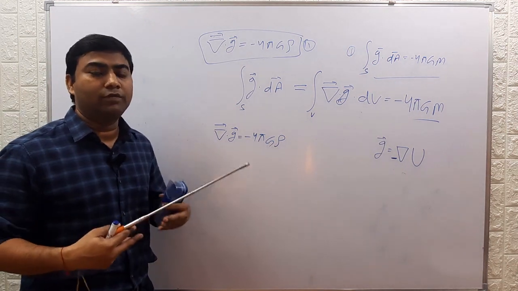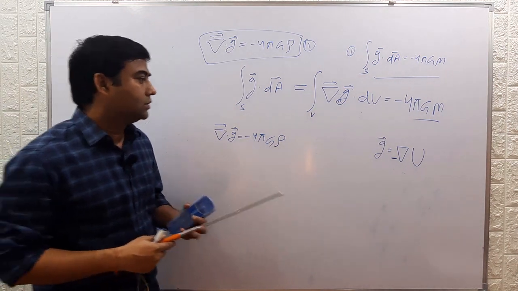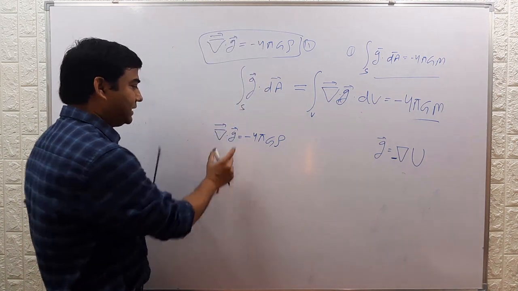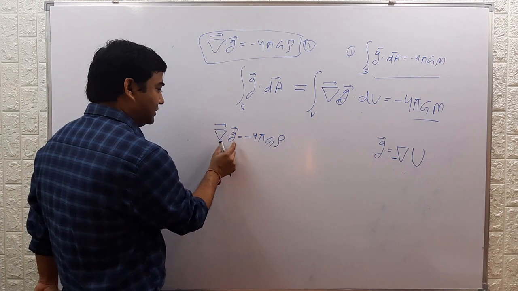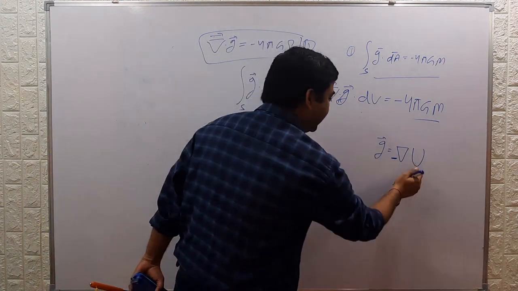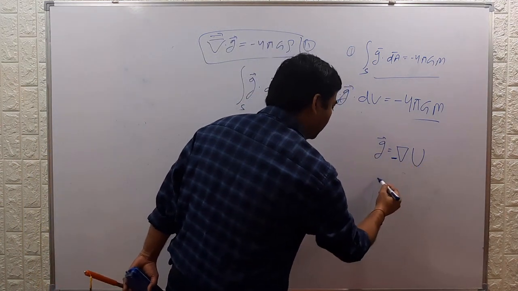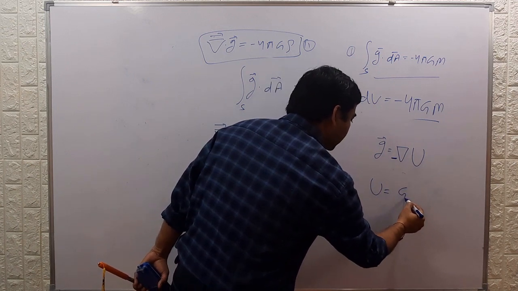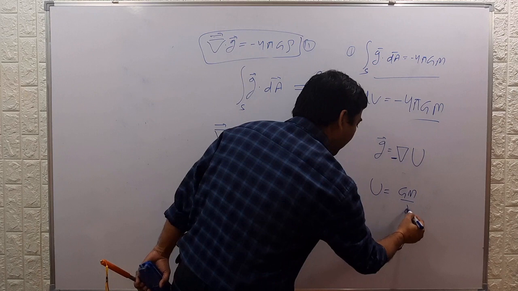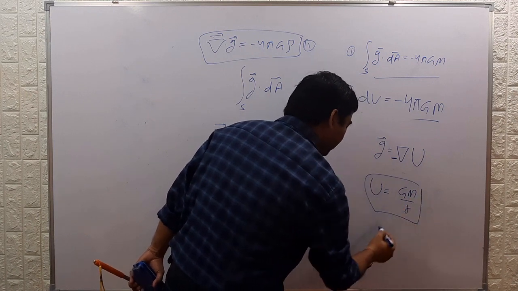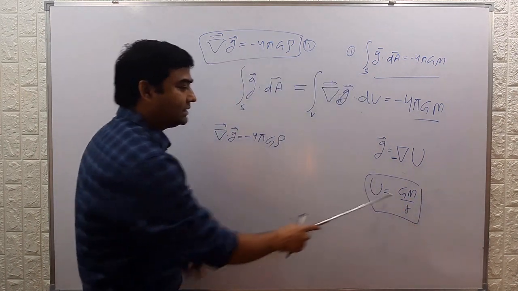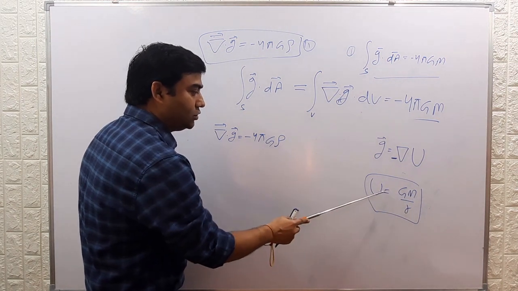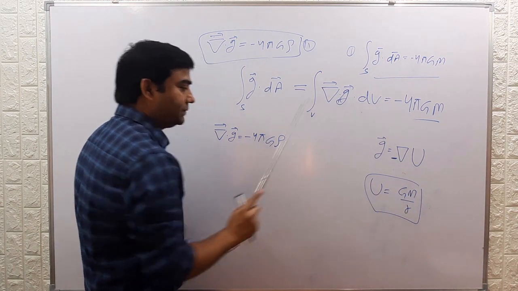Here divergence is always negative. So here we can replace G as gradient of U. U is the potential function. U is nothing but Gm by R. For a mass m at a distance r from the center of mass, U is given by Gm by R.